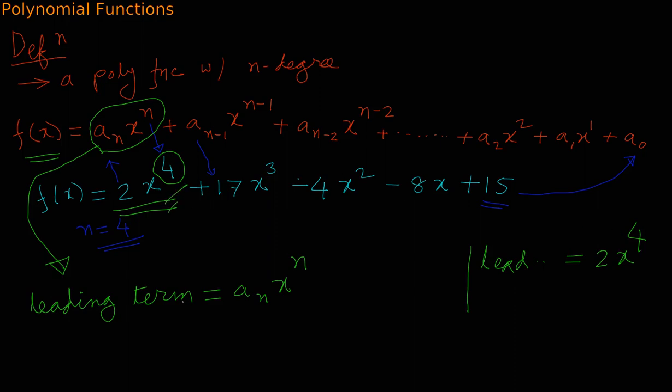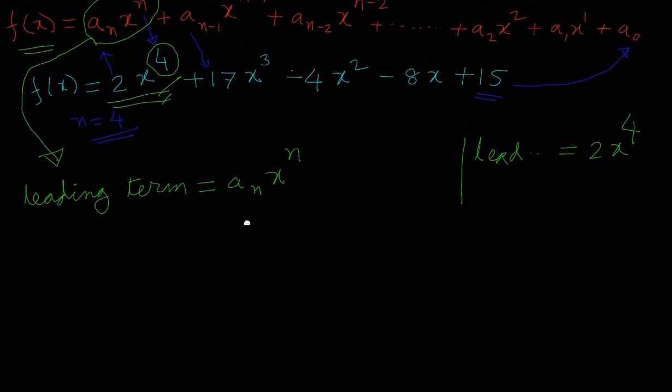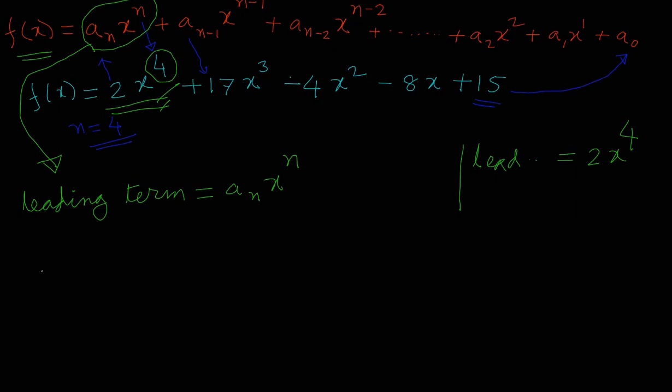All right, so out of that leading term, I have what is called the leading coefficient. So leading coefficient is a n. All right, so for my example function, my leading coefficient is equal to 2.